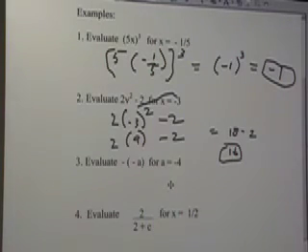Negative 2 to the 4th will always be positive, because this is a good question, an even exponent. Negative 2 to the 4th power, I'm going to give you 2 examples. Negative 2 to the 4th is going to equal 16. It's negative 2 times negative 2, which is 4, times negative 2, which is negative 8, times negative 2, which is positive 16.